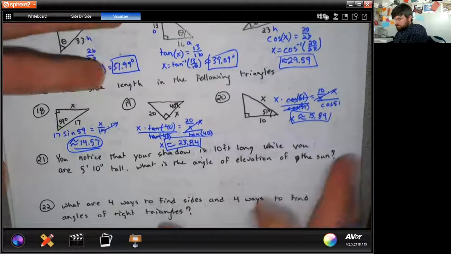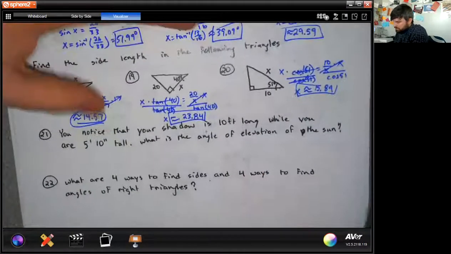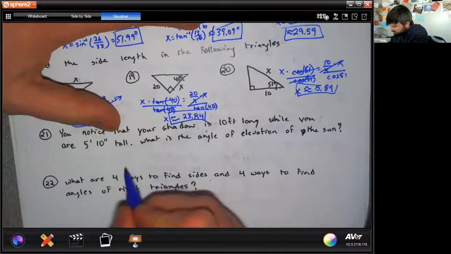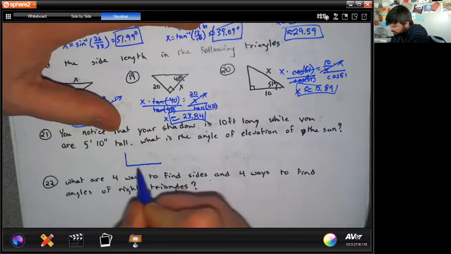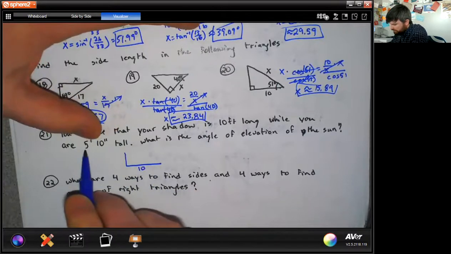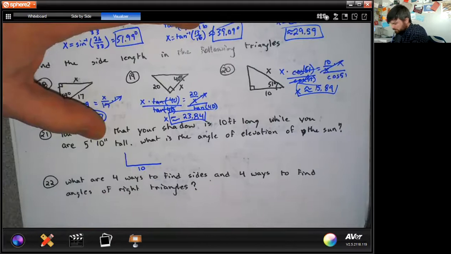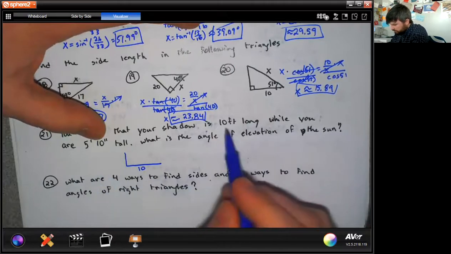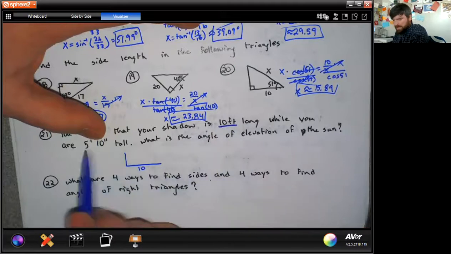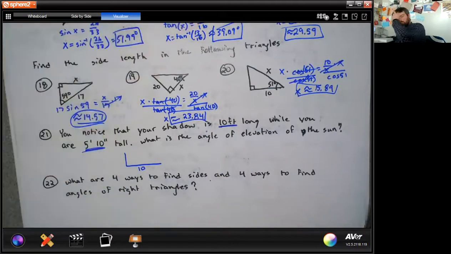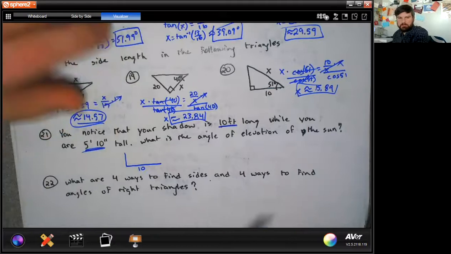All right, I've got two problems left. You notice that your shadow is 10 feet long while you are 5 foot 10 inches. What is the angle of elevation of the sun? Well, this one's in feet, this one's in feet and inches, so we need to get them into the same.